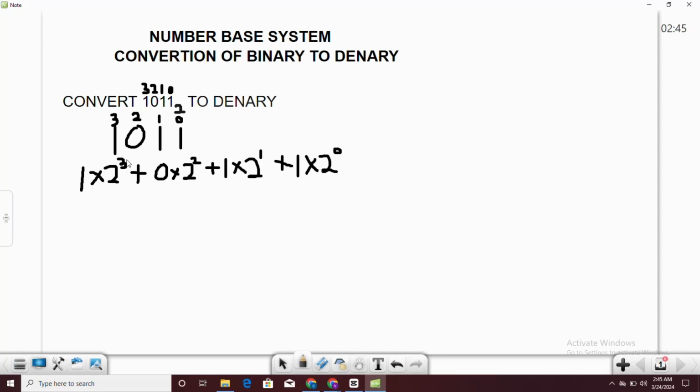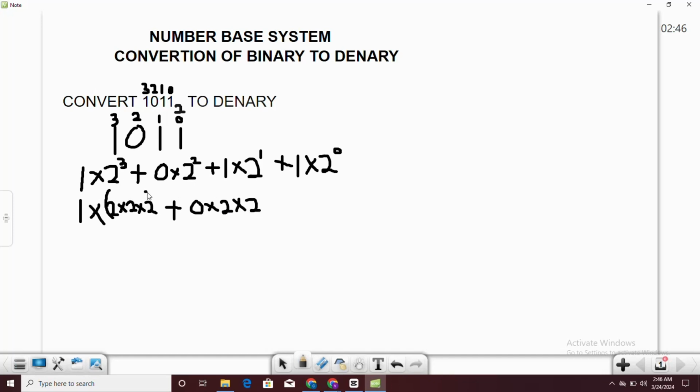We're going to solve the ones with the raised to power first. So I'm going to do 1 times 2 times 2 times 2, since it's 2 into 3 places, then plus 0 times 2 times 2.